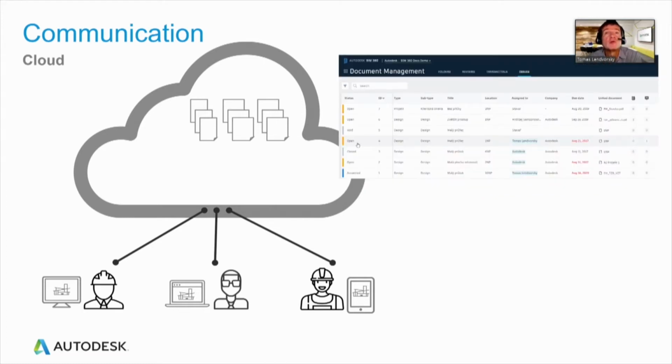But it's not only about this. It's also about being able to report and create dashboards showing what's happening: if some task has been assigned to you, if your task is over its due date or not, and with which document it is linked. So all information can be accessed.